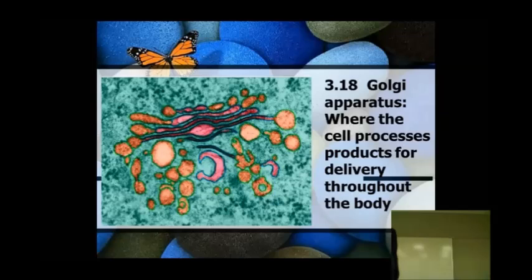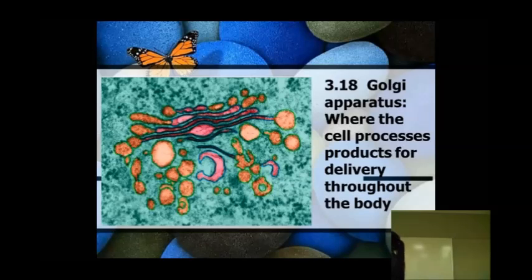So as the proteins are moving around from the nucleus to the outside of the cell, they're being created in the ribosomes, and then the rough endoplasmic reticulum picks them up and starts to send them to different places. Then they move through the smooth endoplasmic reticulum, and eventually they get pinched off into these little vesicles or these little pockets and sent through the Golgi apparatus.